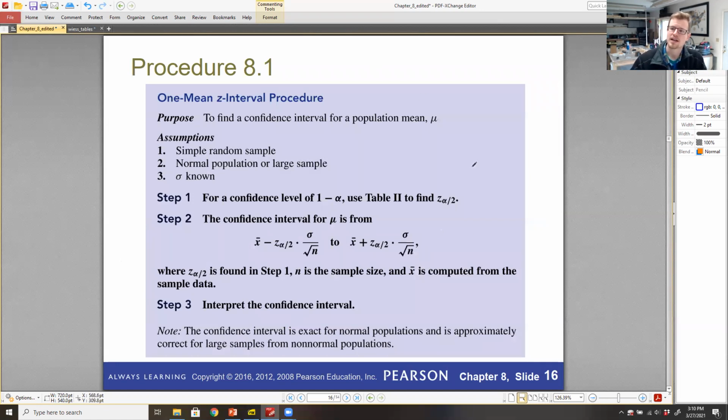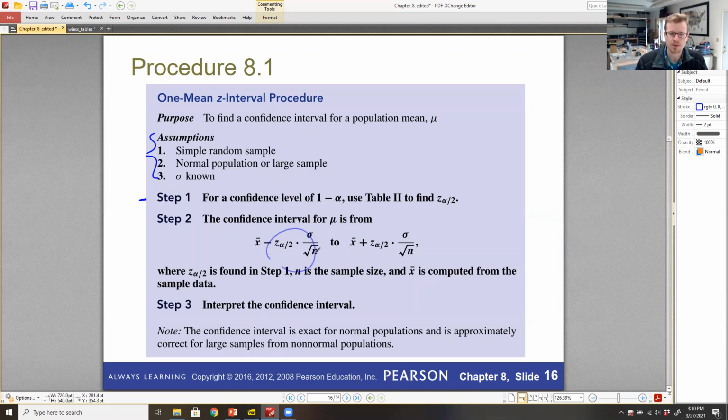This is the outline of a procedure that we can use to find our confidence interval estimate. It requires that these assumptions are satisfied. We'll look at those as we complete our examples. Feel free to pause the video and read over it now. But what we need to know is that alpha value. So we need to know the confidence level and the alpha value.